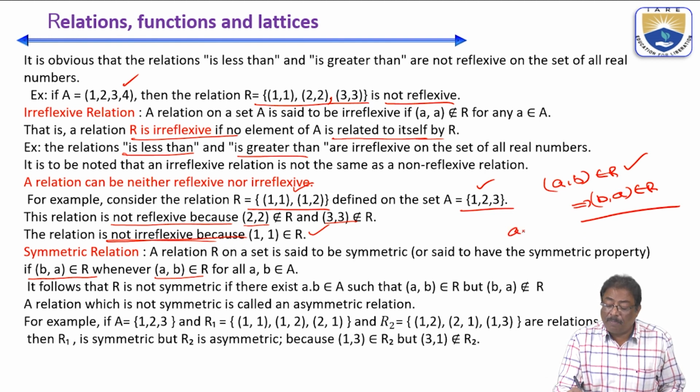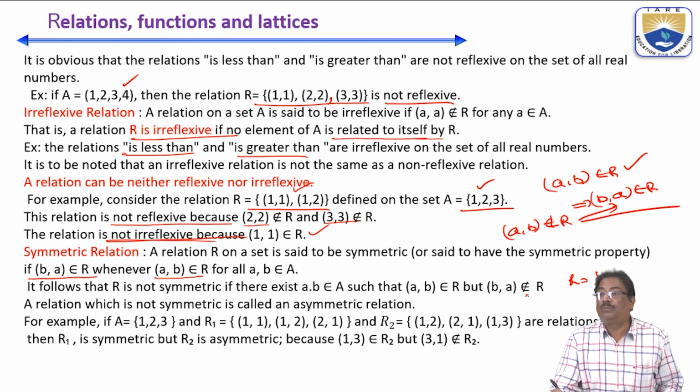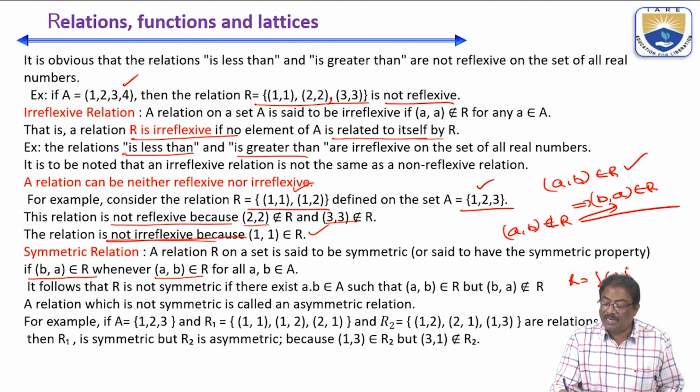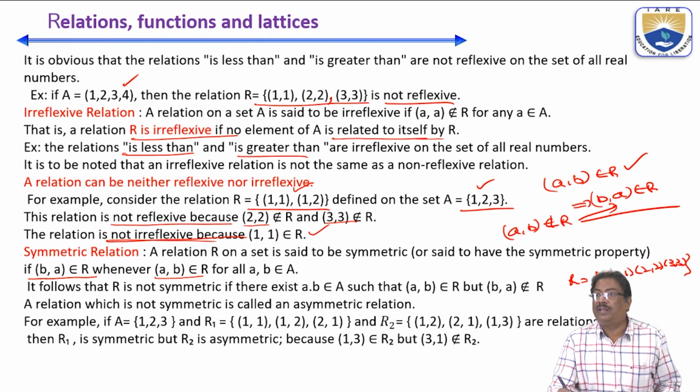Suppose (a, b) does not belong to R, then there is no necessity for saying that (b, a). Suppose I am taking a relation defined on the set A = {1, 2, 3}, and I am taking the relation as {(1, 1), (2, 2), (3, 3)}. Here an a related to b element is not there, so there is no question of b related to a.